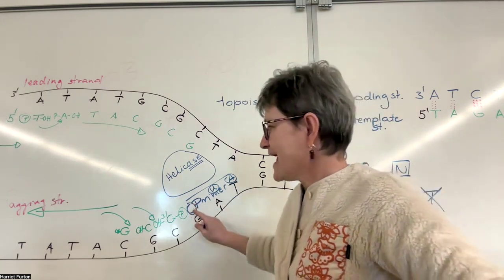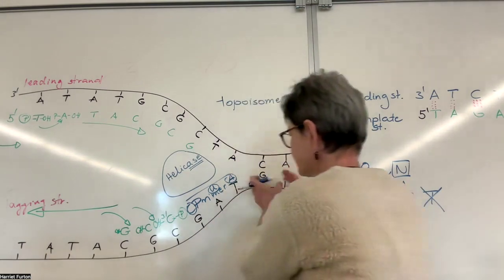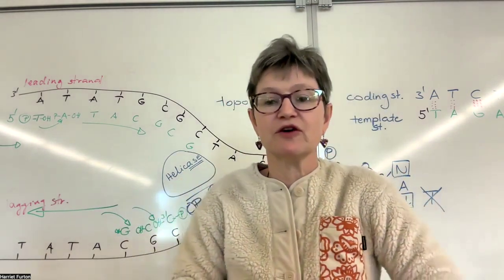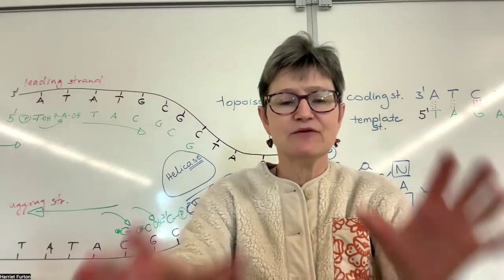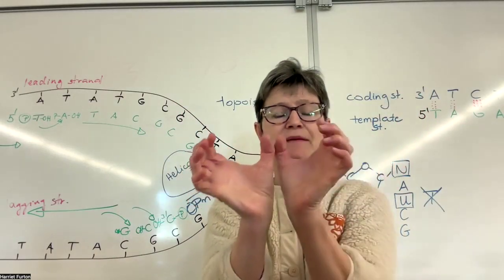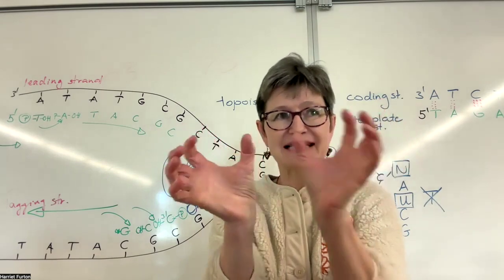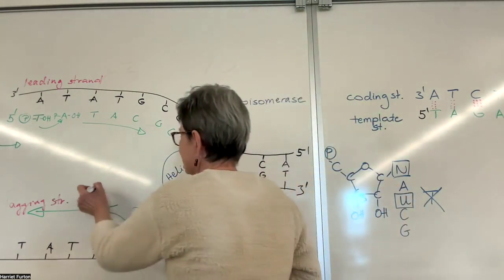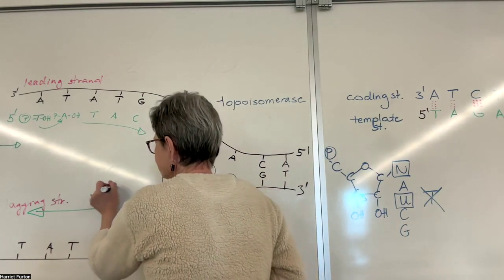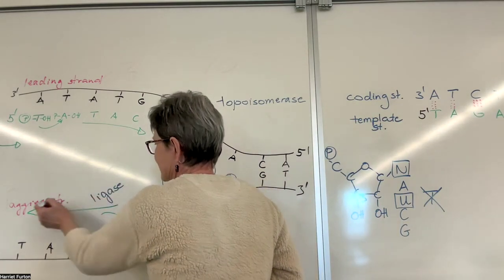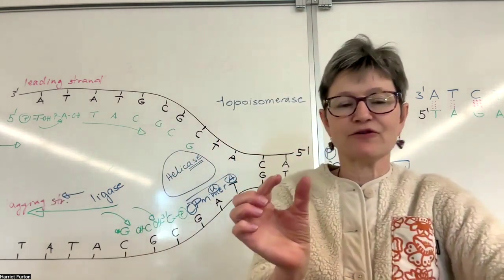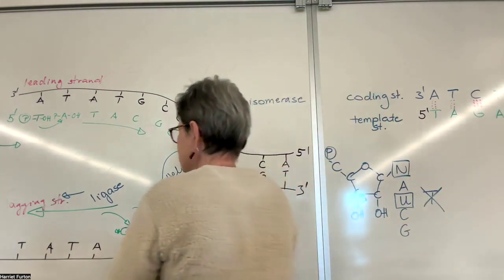And also in the lagging strands, because they will have segments, they are going to be called the Okazaki fragments. Those Okazaki fragments have to be bound together, and this is another enzyme, the ligase. The ligase is only in the lagging strand, binding together the Okazaki fragments.